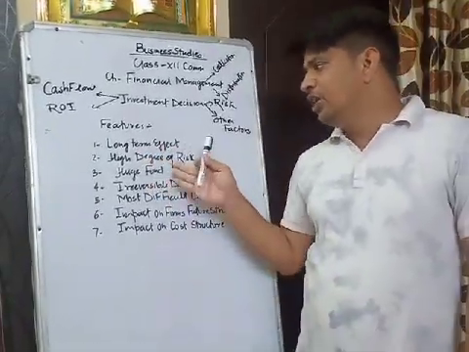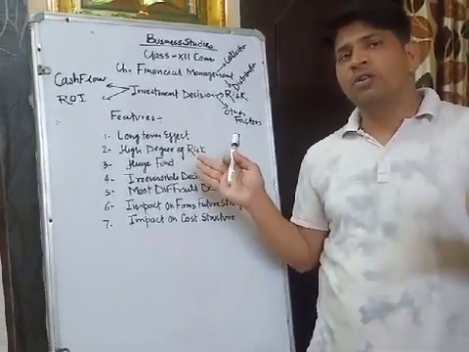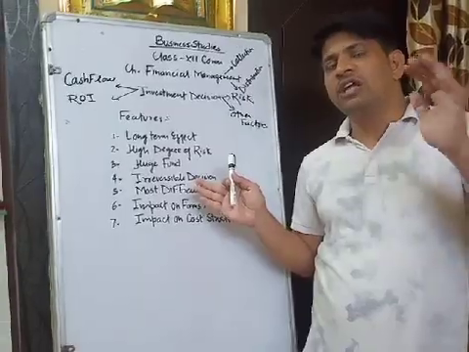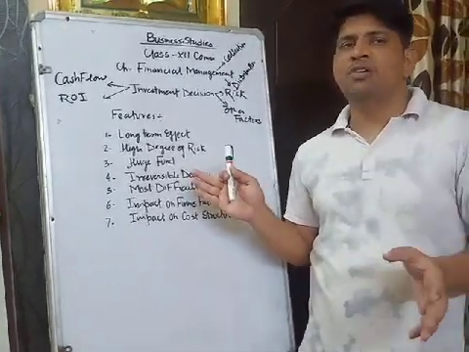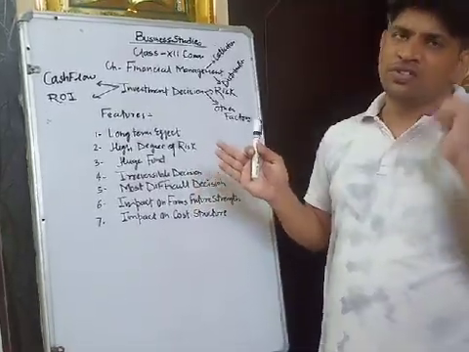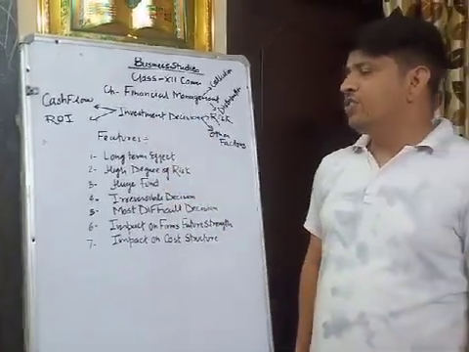Whenever the businessman invests more, it carries a high degree of risk. If a person invests less, it carries a lesser degree of risk. That is why we can say that under the investment decision, a high degree of risk is present.